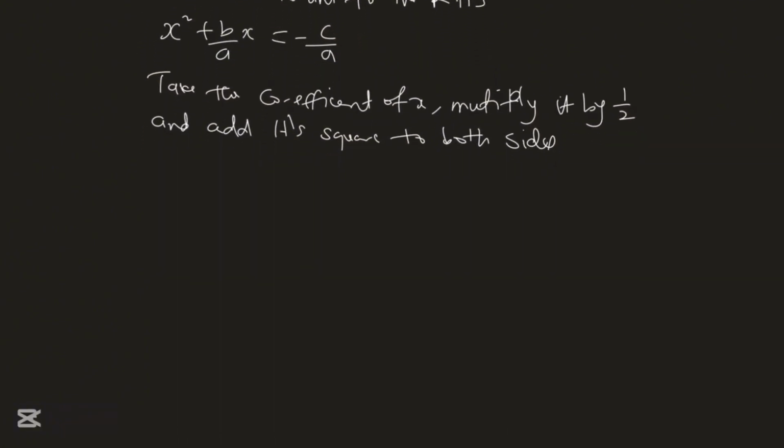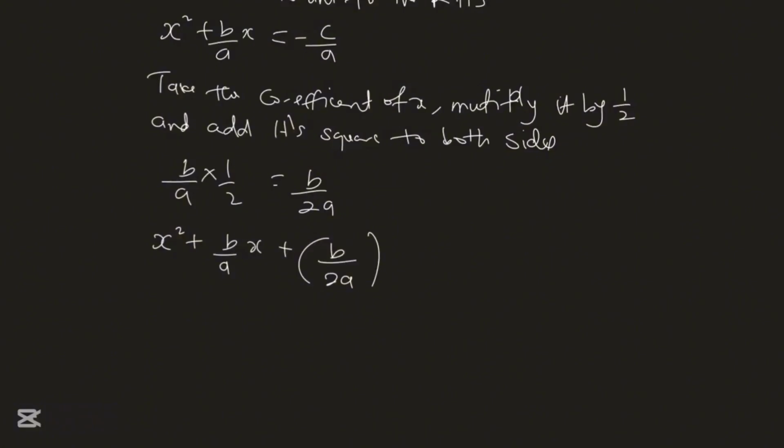So what are we going to have when we do that? That is b over a times 1 over 2. This is what it means. So that gives us b over 2a, then we add the square to both sides. That means x squared plus b over a x plus b over 2a all squared equals b over 2a all squared minus c over a.